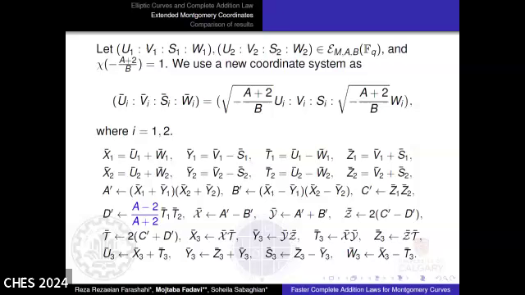The only constant that we need to compute and multiply by T1, T2 is (A minus 2) over (A plus 2). It means that if we consider a Montgomery curve such that this constant is small, then the computational cost of this addition law can be considered only 8 multiplications.